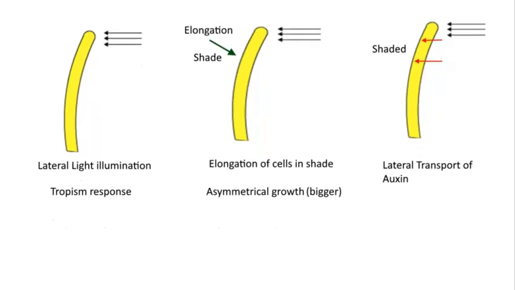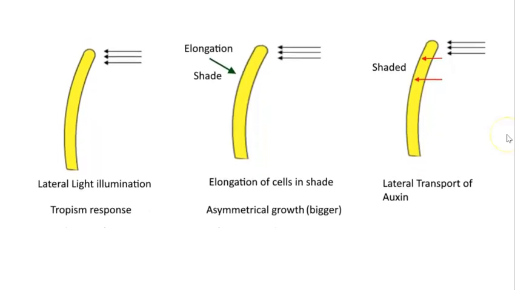So what we're trying to explain is that with unilateral light coming from this side, there is growth towards the light. And this growth occurs through the elongation of cells on what I will call the shaded side of the plant.